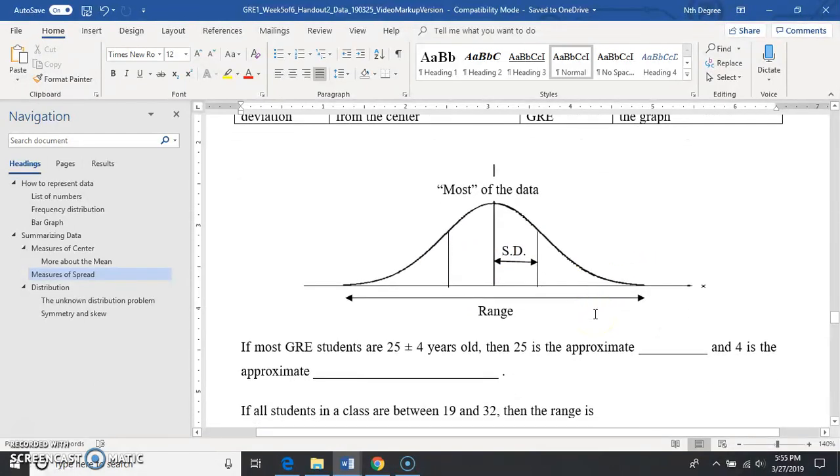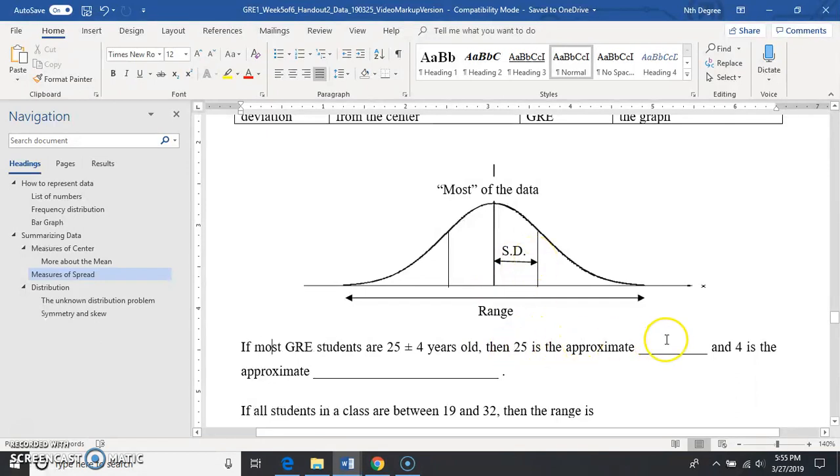So let's just quiz ourselves on the concepts here. If most, not all, but most GRE students are 25 plus or minus 4 years old, then that would basically mean that 25 is the number in the middle, and this width is 4.